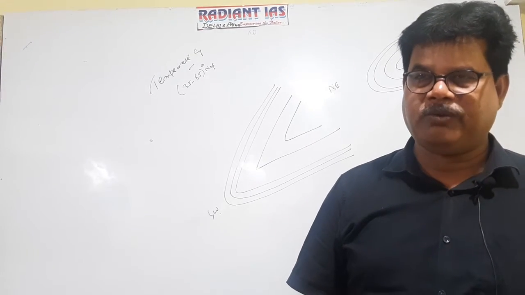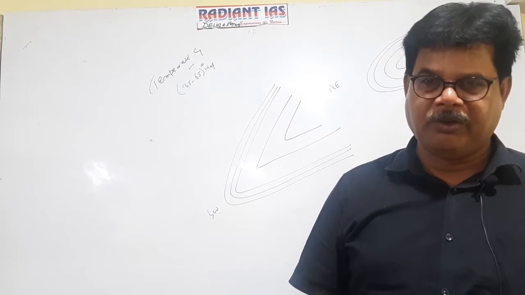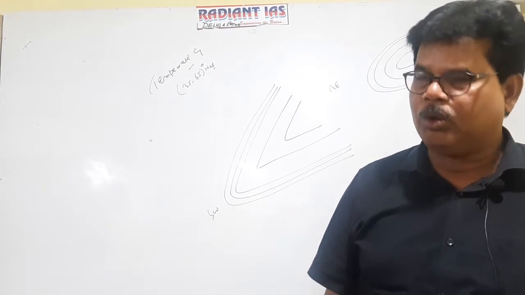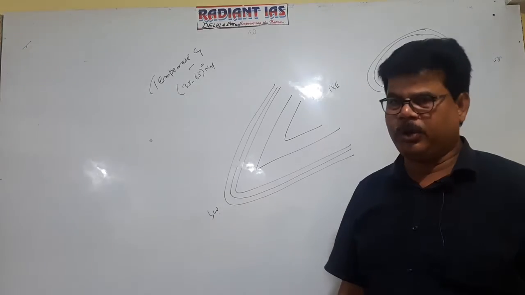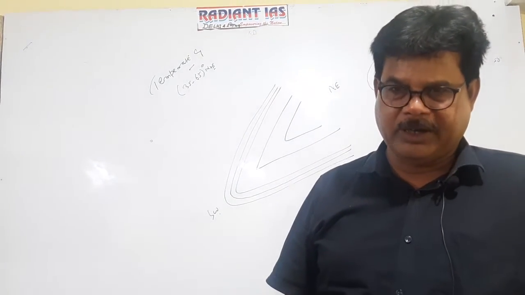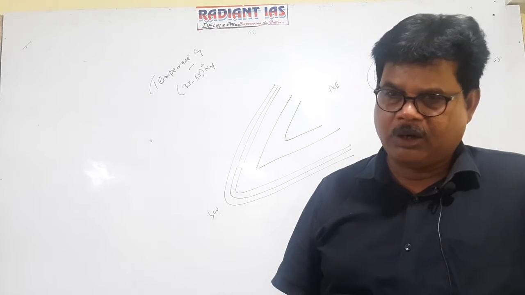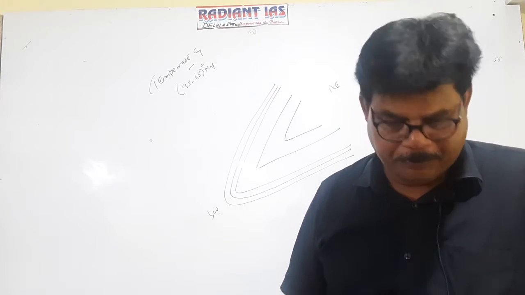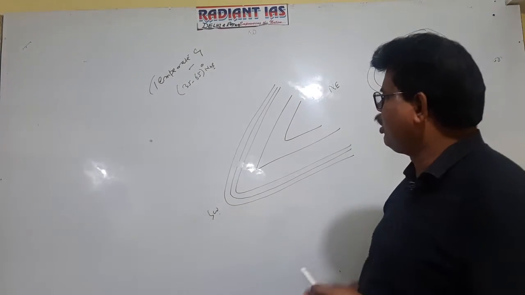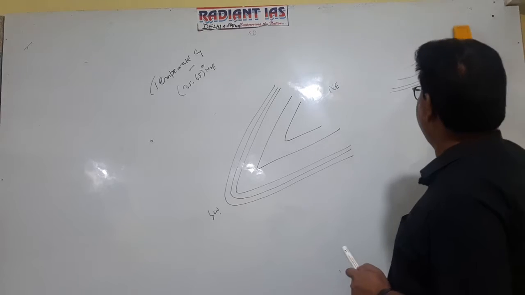So under its influence, temperate cyclone has the tendency to migrate from west to east. Though overall the cyclone in the northern hemisphere moves in anti-clockwise direction, and in the southern hemisphere it moves in clockwise direction.